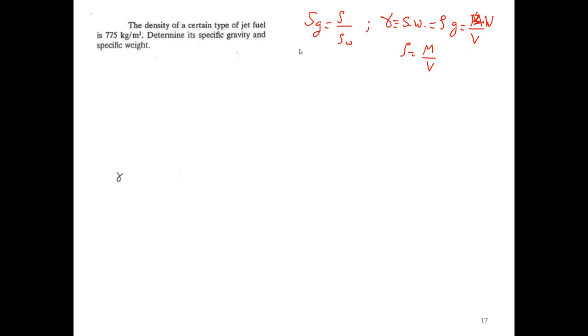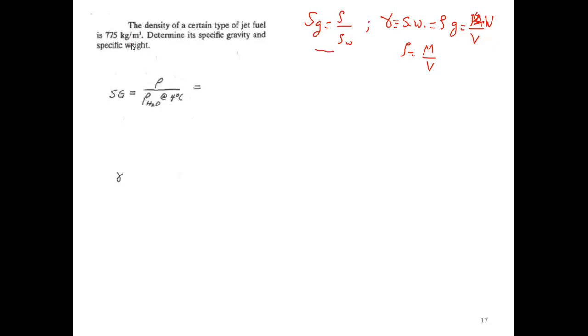So let's start. We have the density of that fuel. The first thing, if you look at the definition I've just written, is density over density of water. The problem is given in SI units, so we're going to solve in SI units.